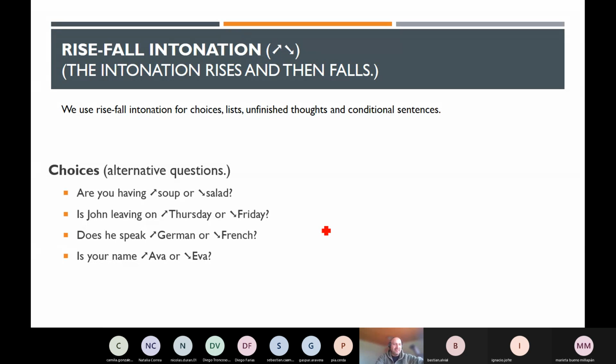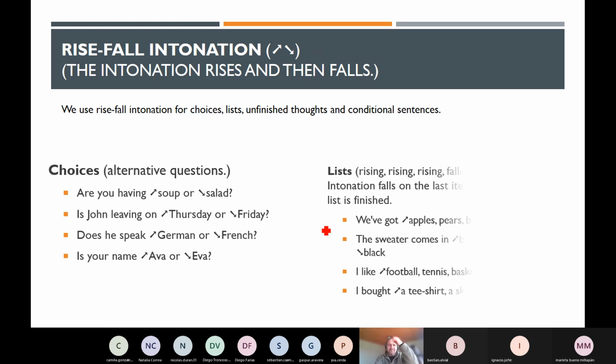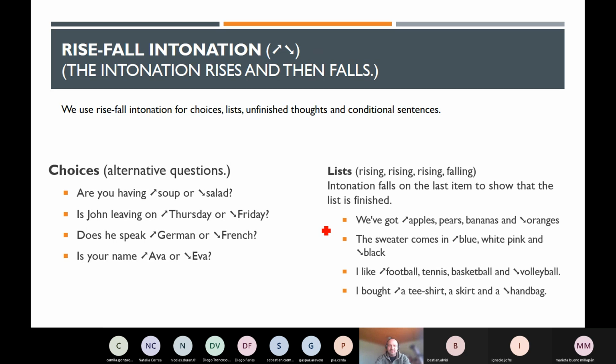I think this is going to be the last one, the last section. So any volunteer to take a look at this? This is a list, right? The first one was choices. You're offering two choices, right? Soup or salad, Thursday or Friday, German or French, Ava or Eva. So here we used rise and fall intonation.